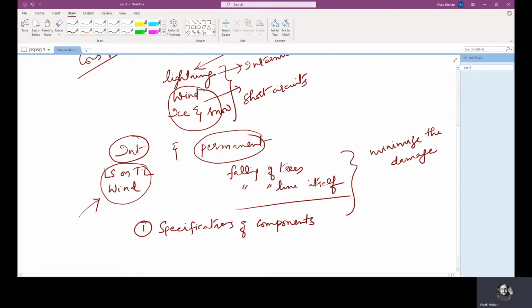Then maintenance of components. It should not get damaged, and the frequency of failures should be less, right? Then only will it improve the reliability. Then control and minimize the effect of any failure that occurs.